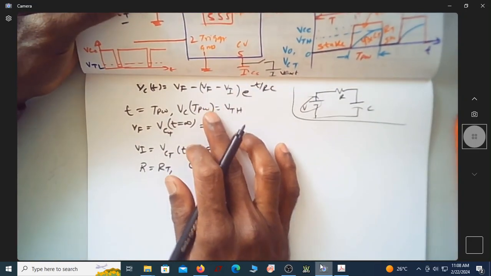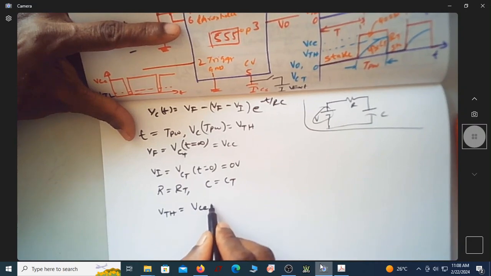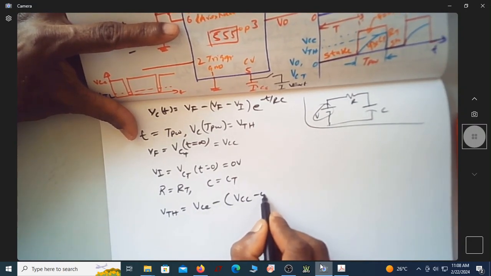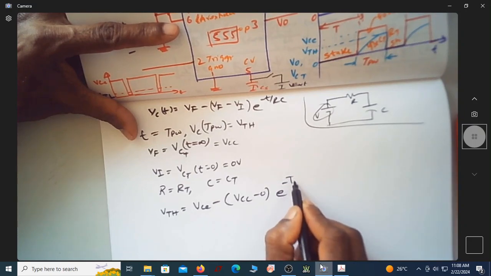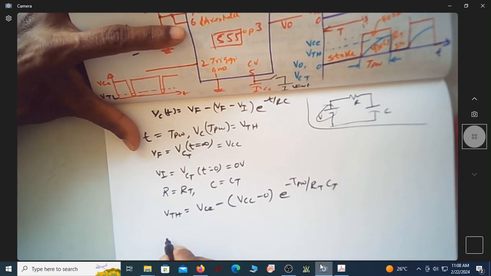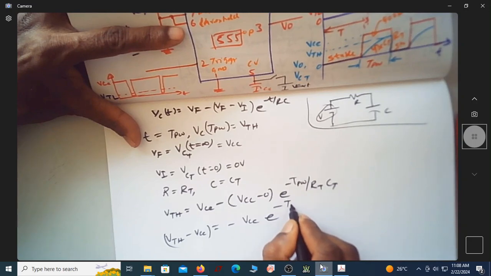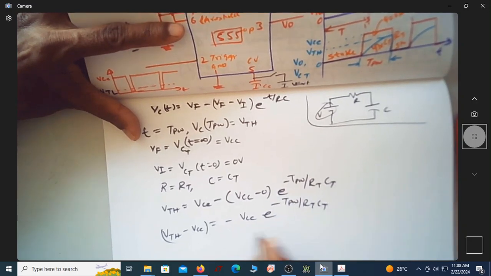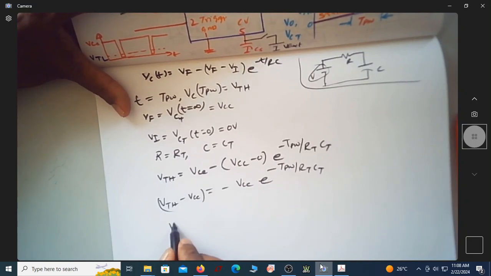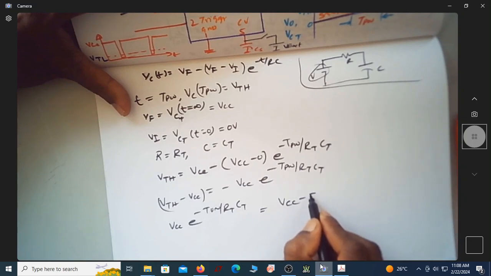If I substitute all this back into the equation, VTH is equal to VCC minus 0, e power minus T pulse width by RT CT. Rearranging, VTH minus VCC equals minus VCC e power minus TPW by RT CT. Again, VCC e power minus T pulse width by RT CT is equal to VCC minus VTH.